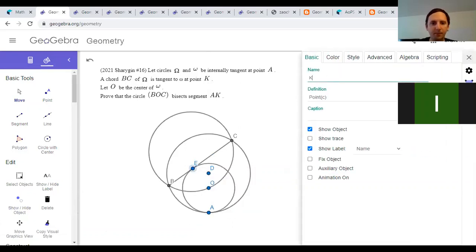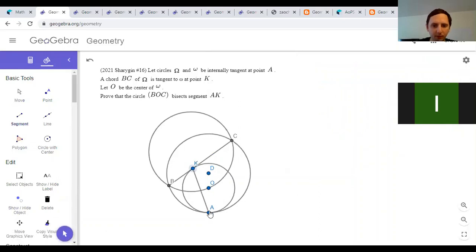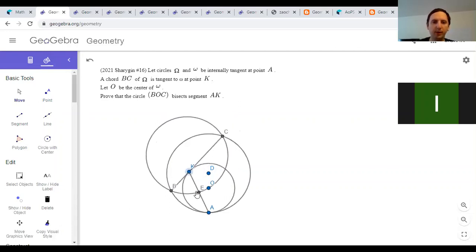Okay. Let's see. Interesting. So if we move this around, well, that means OE is perpendicular to AK, right? Let me maximize this.